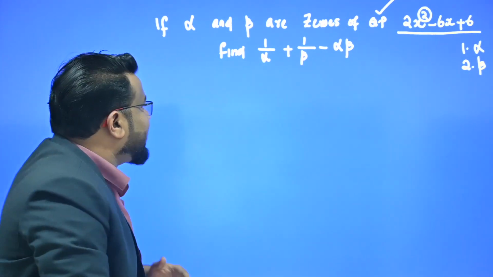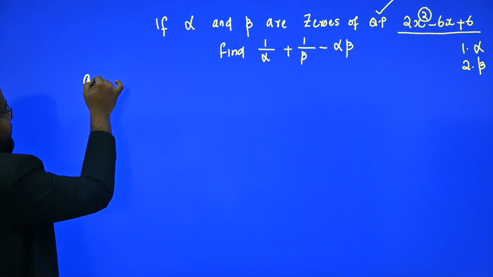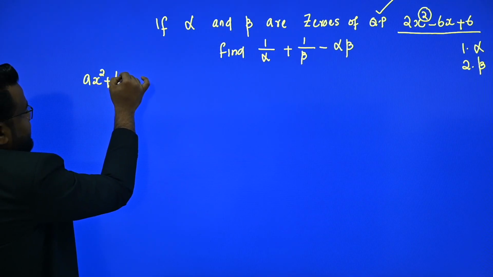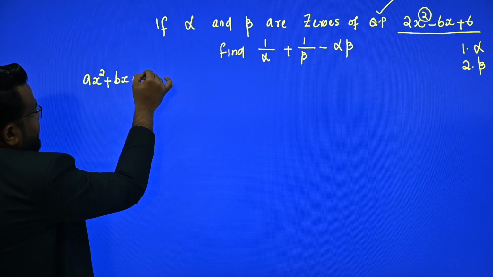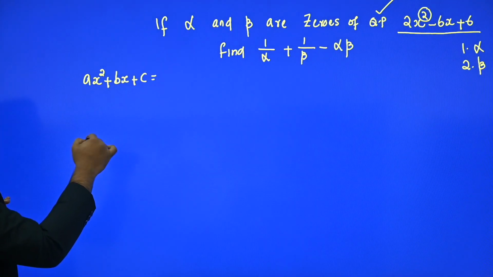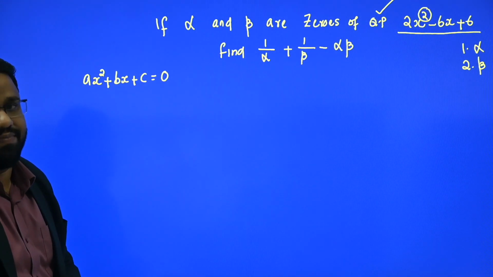You know what is the standard form of the quadratic polynomial? The standard form of the quadratic polynomial is ax squared plus bx plus c. If it is equal to 0, we call it a quadratic equation.